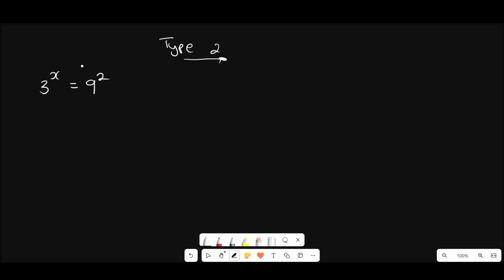Remember that we changed these numbers into powers of prime factors. So I could change this 9 into 3 squared, and so I have 3^x equal to 3^2.